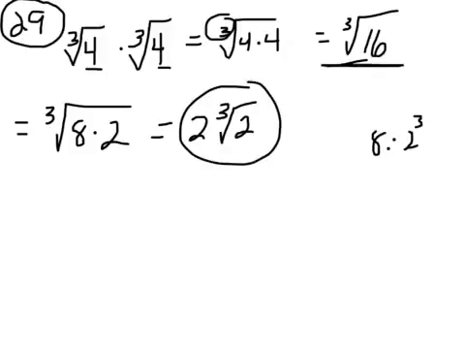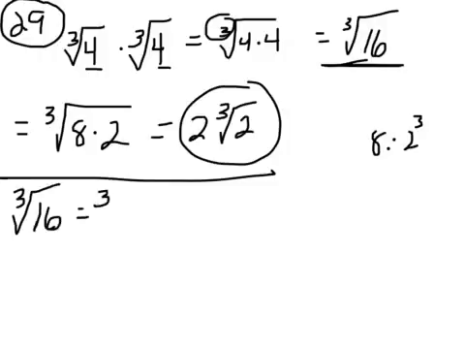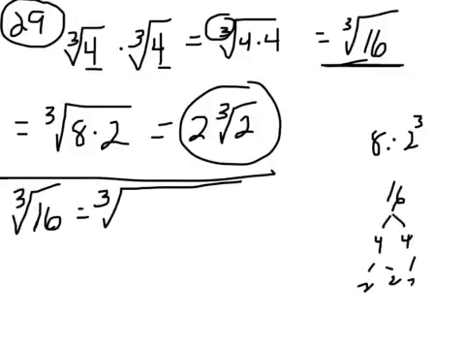Another way to do it, if I start back up here where I had the cube root of 16, is I could go and prime factor 16. If you don't know them, you could write out a list of cubes and use your calculator to help you do that. And that honestly is kind of the way we'd rather get to doing the problem. But if we need to, we could prime factor 16. 16 is, we know it's 4 times 4, but each 4 is 2 times 2.